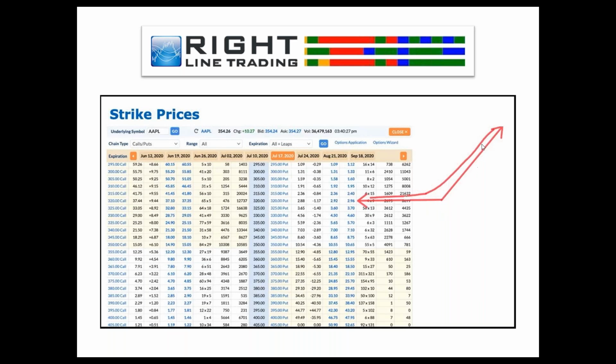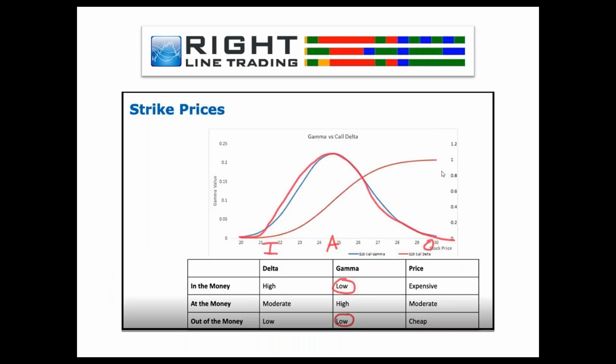A deeply in the money is not going to have this kind of curve. And this is the only kind of curve that's going to provide us with the leverage that we need in order to really make money when we trade options. So the best options choice is either slightly in the money or at the money. And it all has to do with the gamma and its effect on delta.